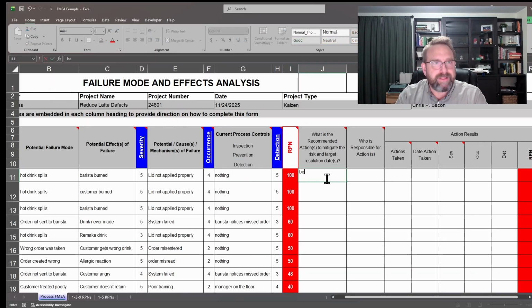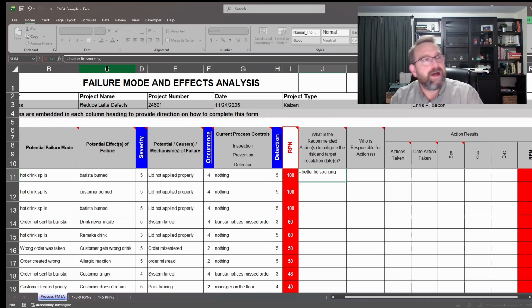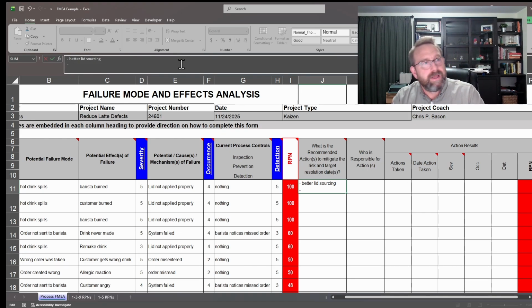Maybe we need better lids. Maybe we think that the lids aren't that good. Some lids are better than others. So maybe better lid sourcing is going to be one of our possible improvements. And then what else can we do?